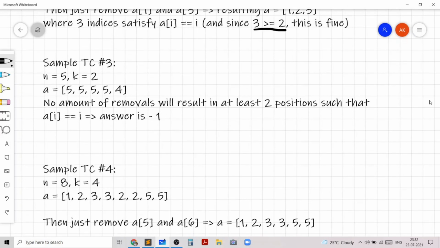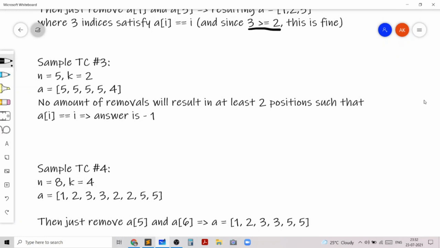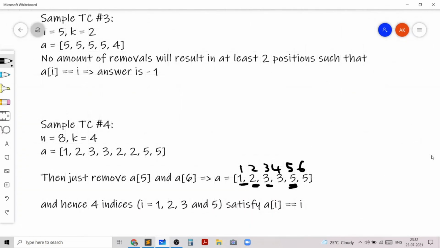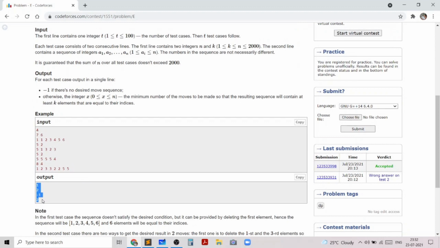In sample test case 4, we'll remove elements at position 5 and 6, and the resultant array will have 4 positions, which are position 1, position 2, position 3, and position 5, satisfying a_i equal to i, and hence the number of removals was 2, and our answer will be 2. And you can verify that the output which I have written on the whiteboard is the same as the sample output given over here.